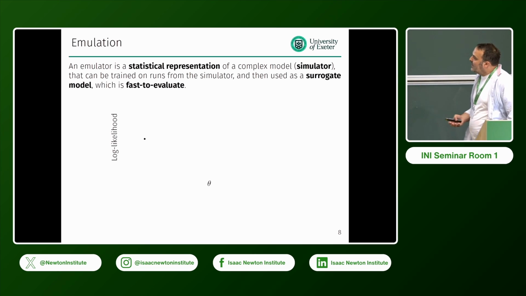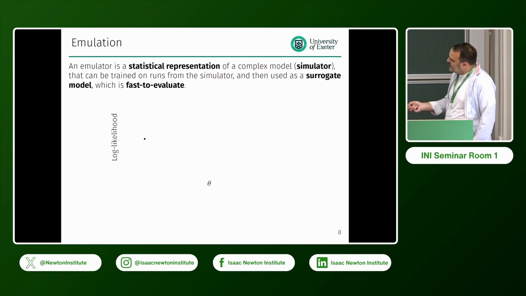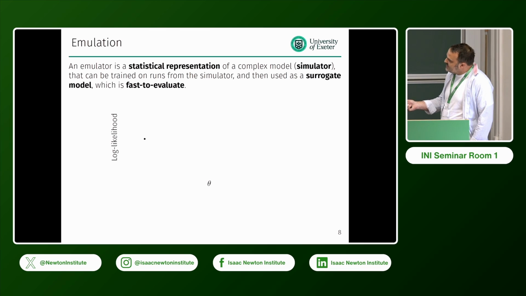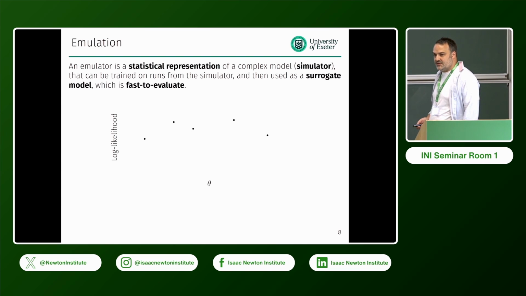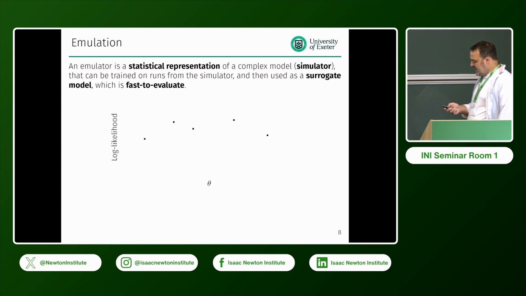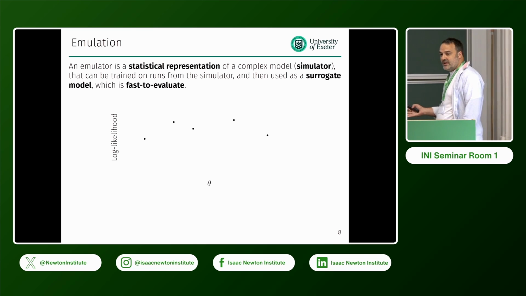So then the question is, well, how do we use emulators? This is a very simple one-dimensional toy example. Imagine that I've got a parameter here, and I've got some log likelihood, and I can take a small number of runs at different parameter values, run my complex model, and get estimates of the likelihood. Then I use these runs as training runs, and build an emulator.